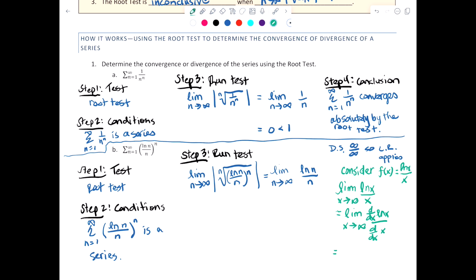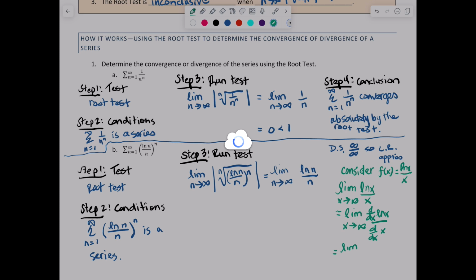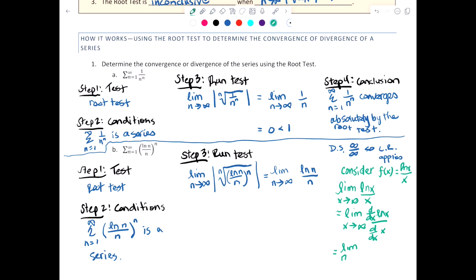And we're differentiating numerator and denominator using L'Hopital's rule. And then we'll get the limit as x approaches infinity of (1 over x) over 1, which is 0. So the limit as n approaches infinity of natural log of n over n is also 0, which is less than 1.